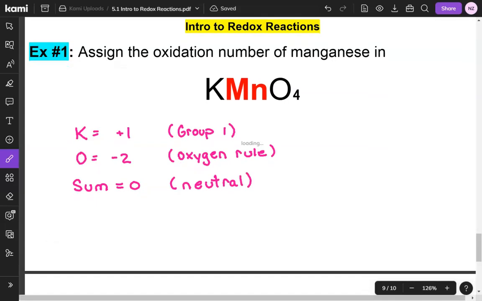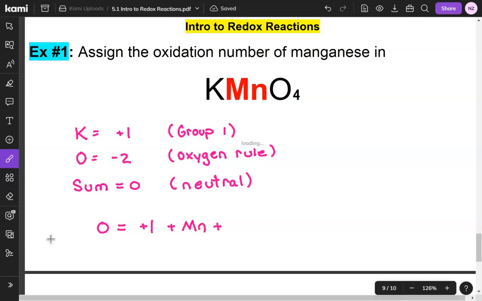Okay, so I can put this into an equation. I know that it's going to be equal to 0. Potassium is +1. I don't know what manganese is.